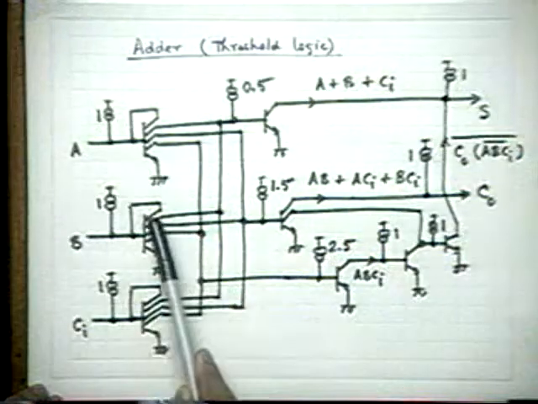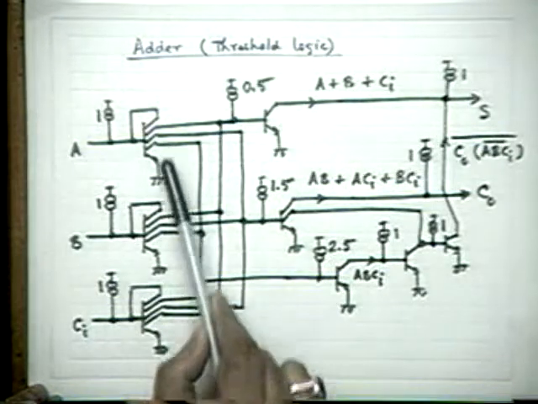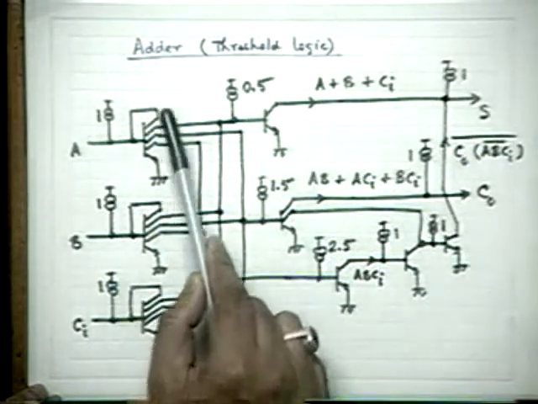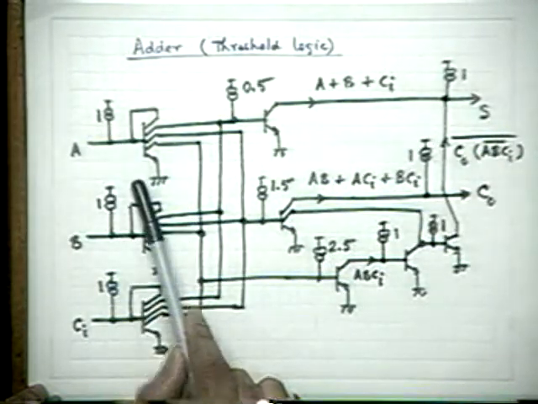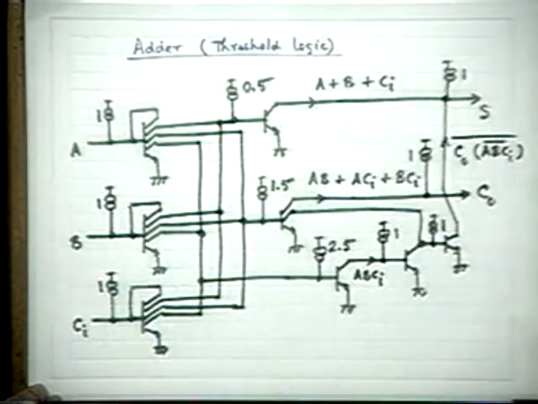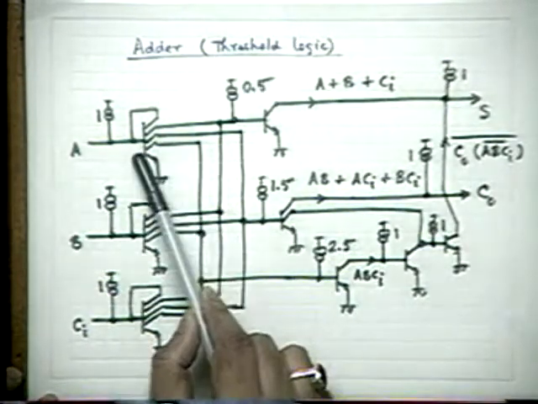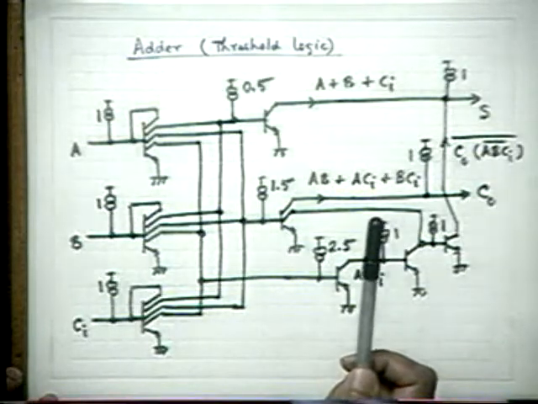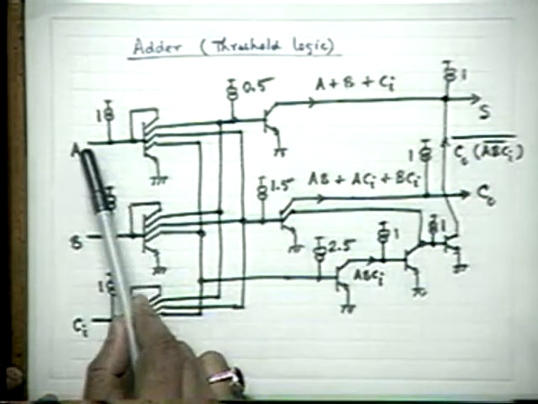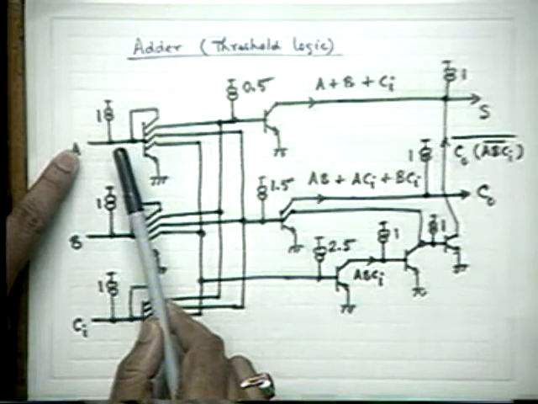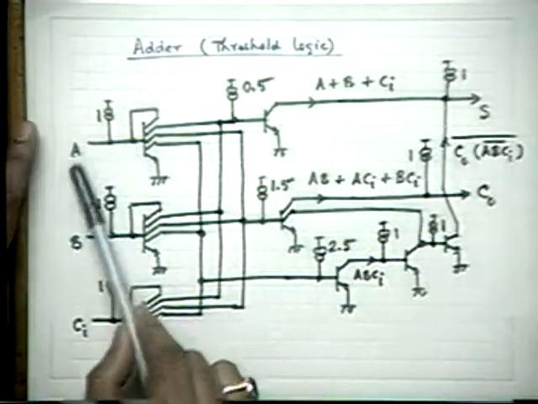Now the question is how this is produced. Can you tell me now? These three transistors here are the only three transistors where I have applied feedback. I have not used feedback in other transistors, you just see. So these are actually current mirrors. That means when this A is low, the transistor here is off.